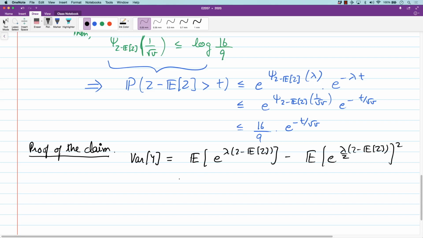This is just what the variance is. And this we are claiming is less than or equal to lambda square by 4 times v times the same function here. Okay, if you have this, then you can take this on the one side, take this on this side.